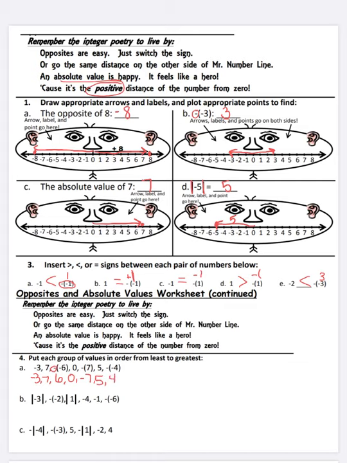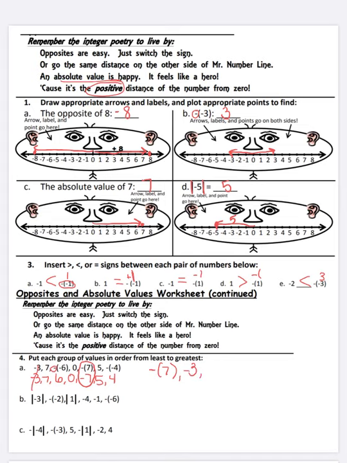So now that I know all the real values, I need to order them from least to greatest. So I'm going to start right here with the opposite of 7. The opposite of 7 has a value of negative 7, and that's the lowest number we've got there, followed by negative 3.